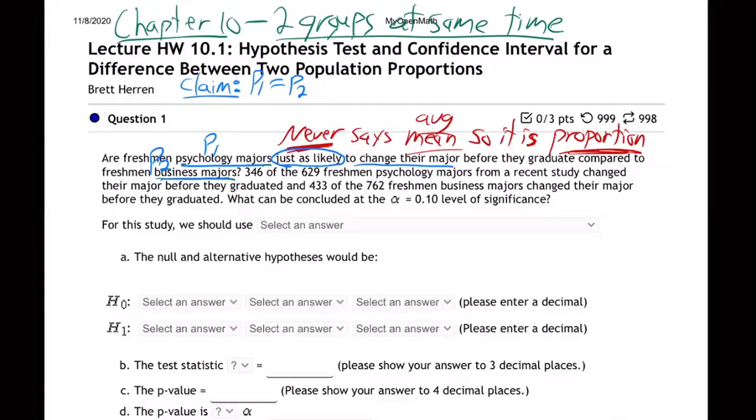The first group is P1, the second group is P2. They're claiming that's the phrase, just as likely. They're saying the percentage of psych majors is the same as the percentage of business majors that change their major. Not more likely, not less likely, but just as likely, right?